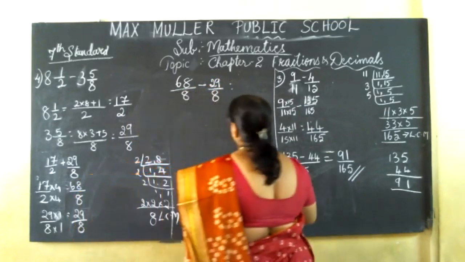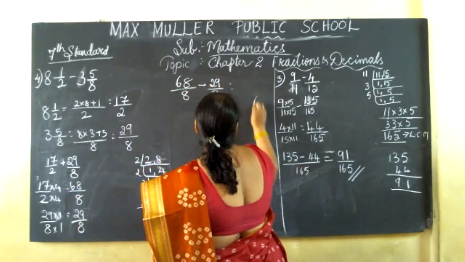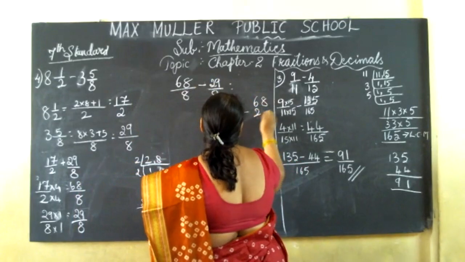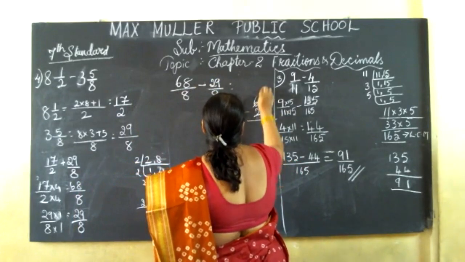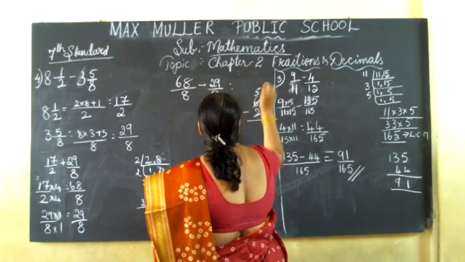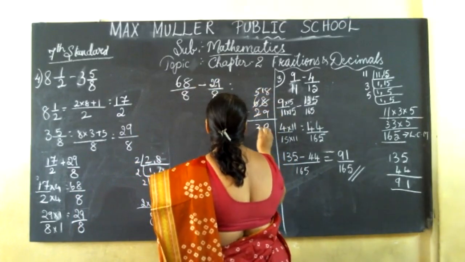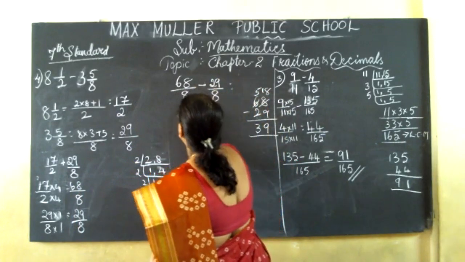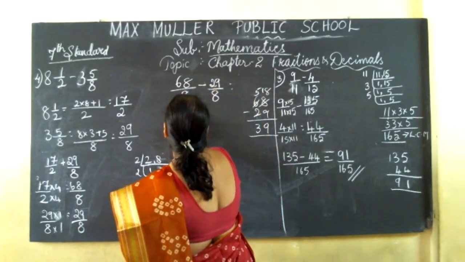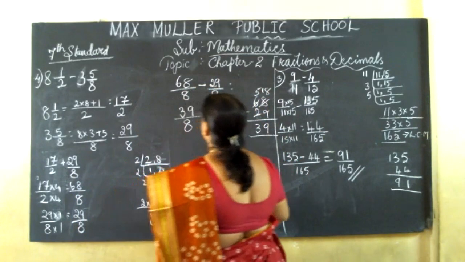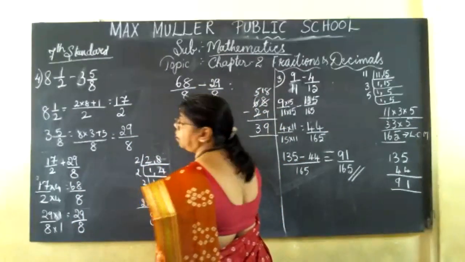So 68 minus 29. 18 minus 9 is 9. 5 minus 2 is 3. That is 39 by 8. Okay, this is your answer.